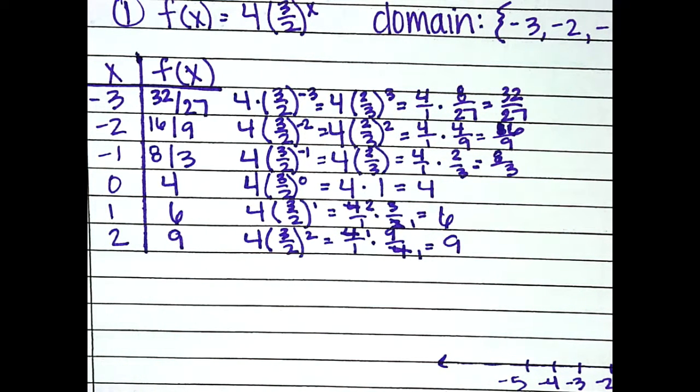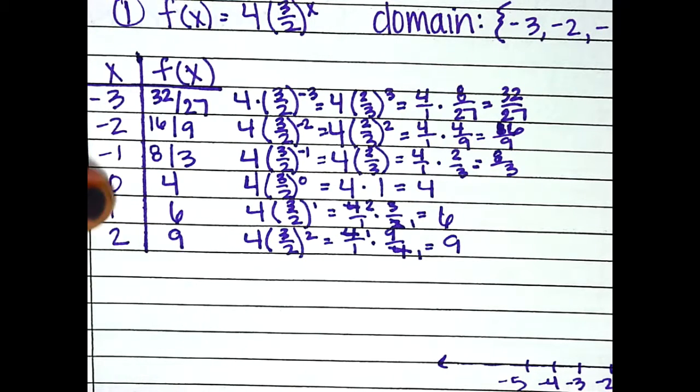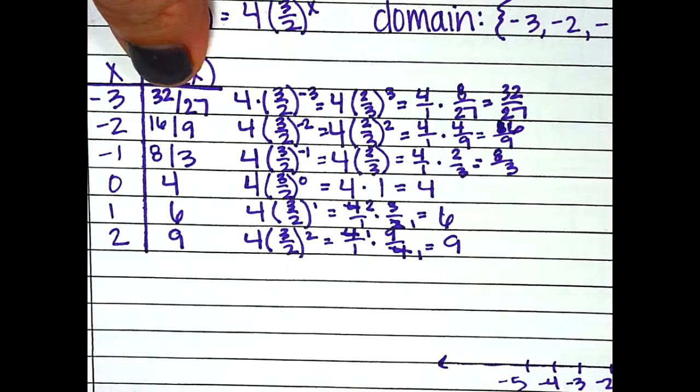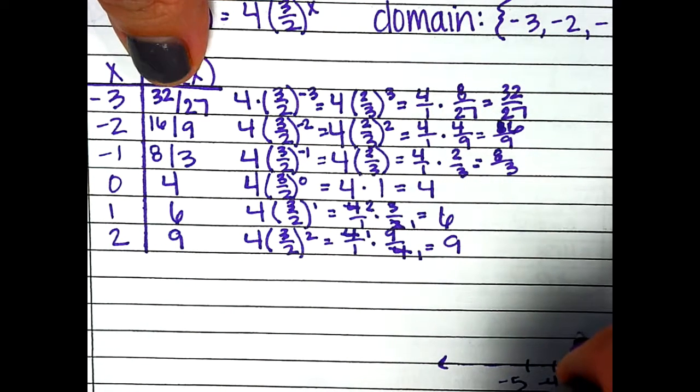Here it might be easiest if you actually divided these out and got the decimal numbers. But 32/27 is just a little more than 1.